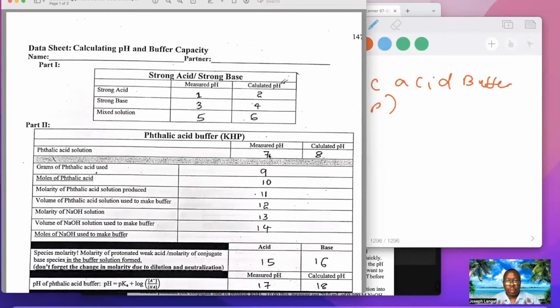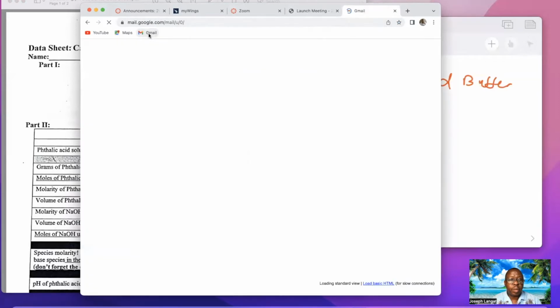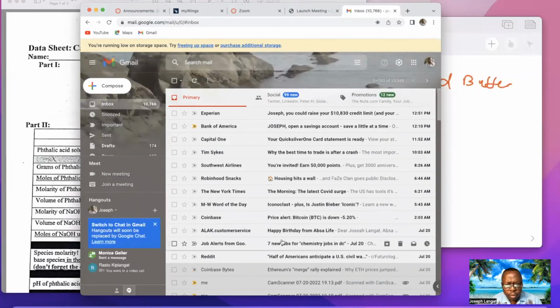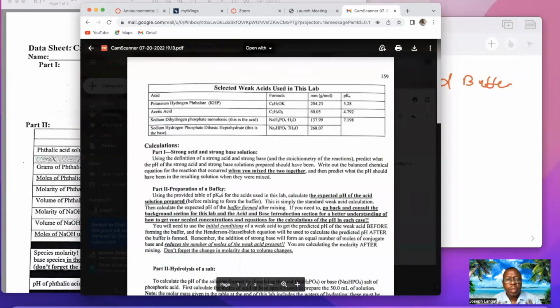I believe there was another equation I will have to show you when I share my screen. Yeah, this one right here.